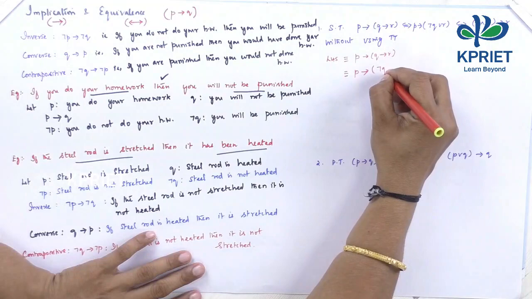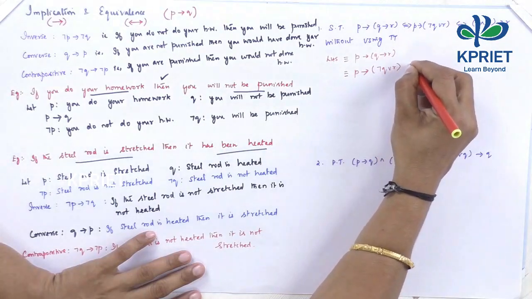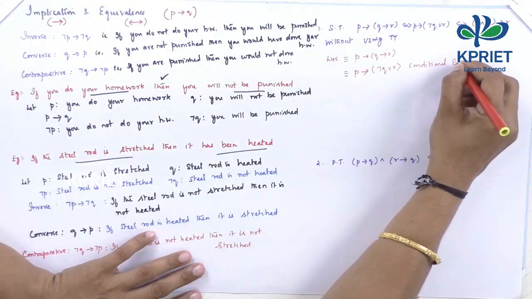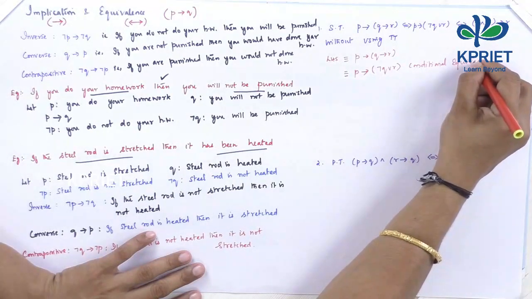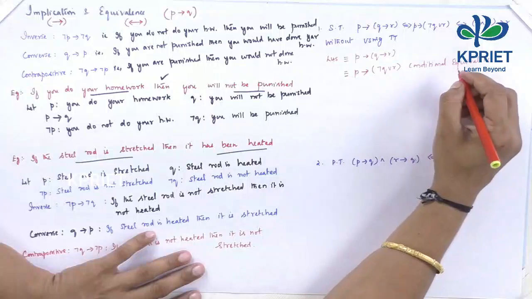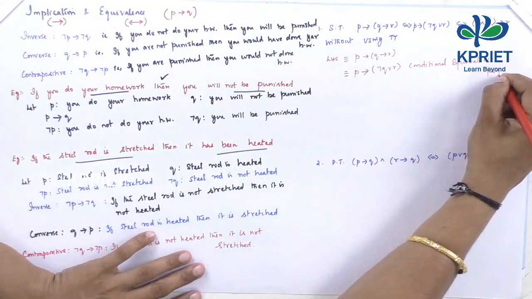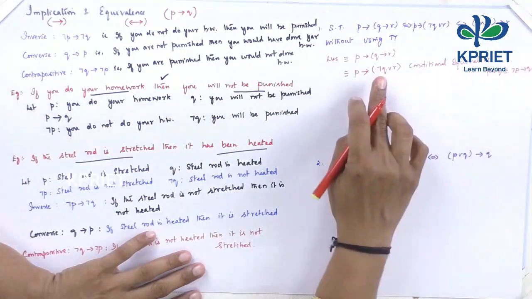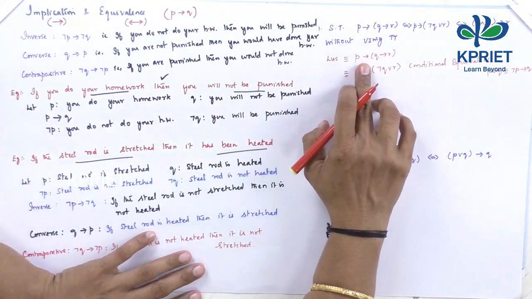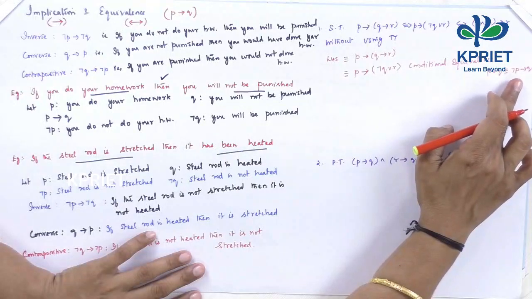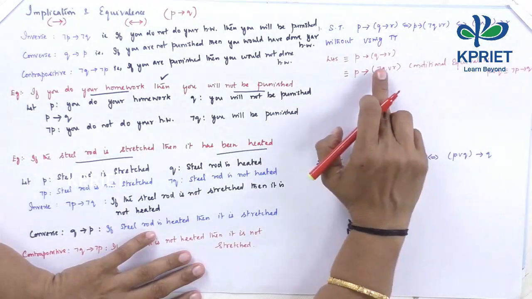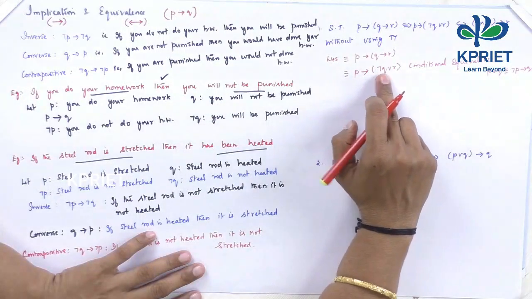That is negate Q or R. We have the law as conditional equivalence: P or Q is equivalent to negate P conditional Q. Either way I can write it. If I have this, I will write this. If I have this, I can write this. So if I write that, I get this term.